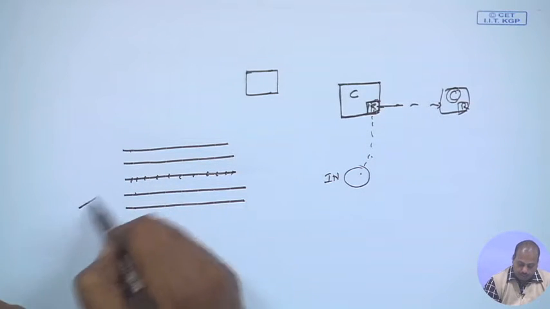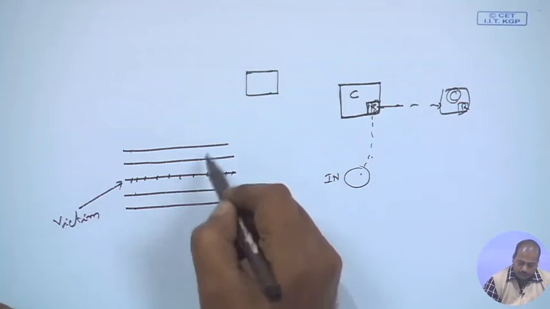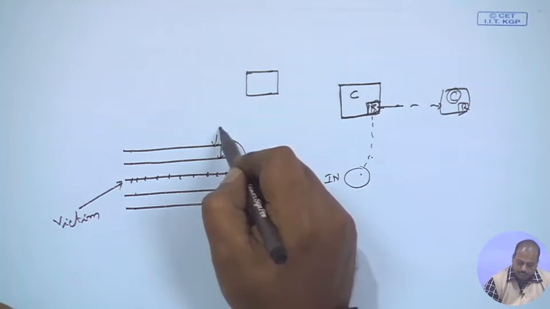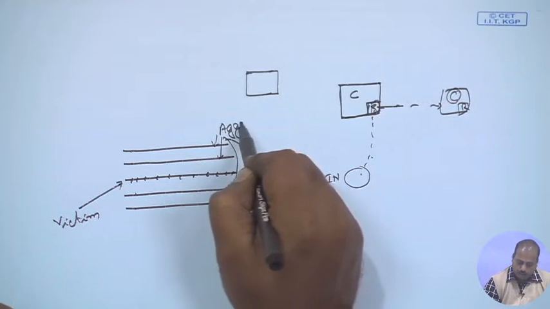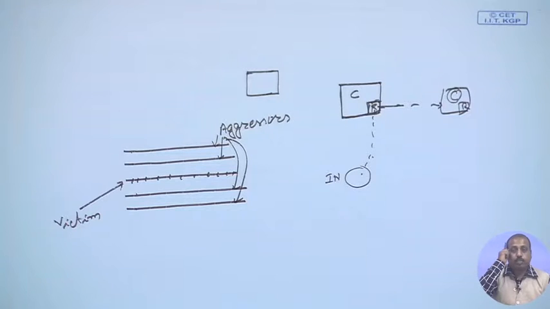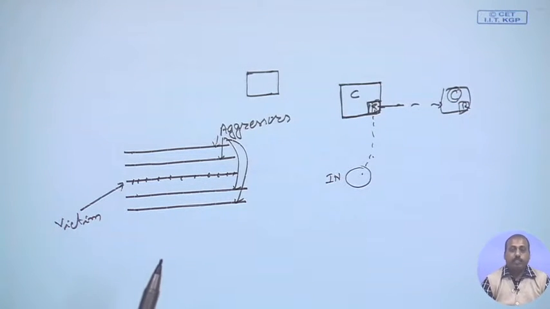This line is called the victim line, and all these other lines are called aggressors. The effect of these aggressors will come to this victim and change it.